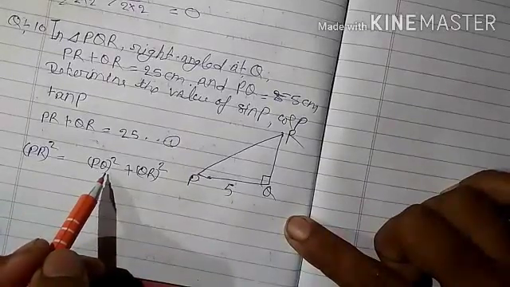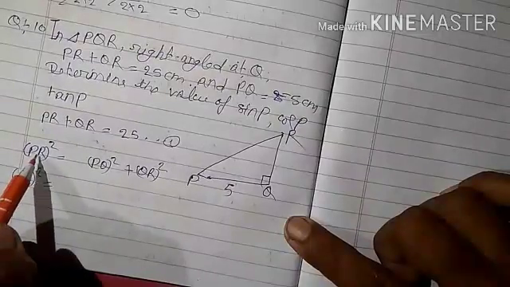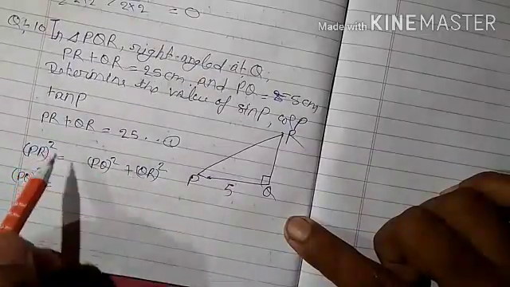So PQ square is equal to PR square minus QR square.